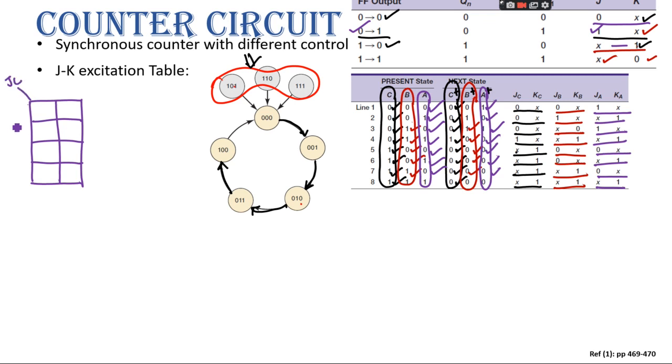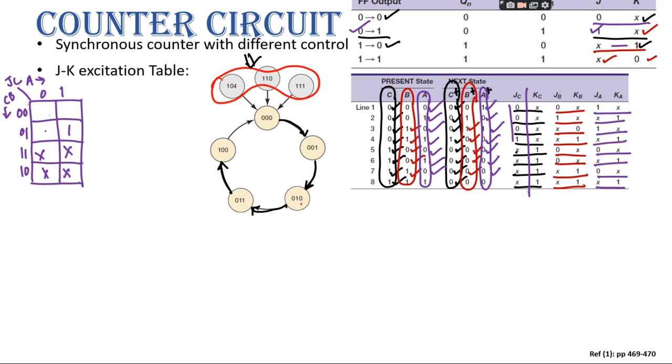So for JC, it should be CB along this side, and A should be along this side, 0 1. It should be 0 0 0 1 1 1 1 0. So now if we consider the first 4 here, 0 0 0 then 1, and the rest 4 should be don't care.